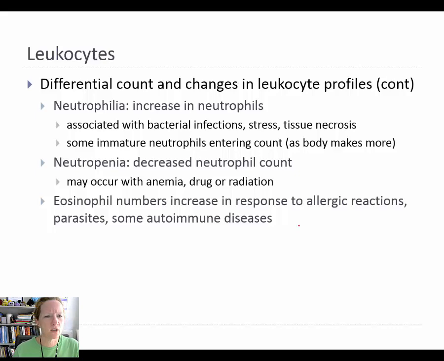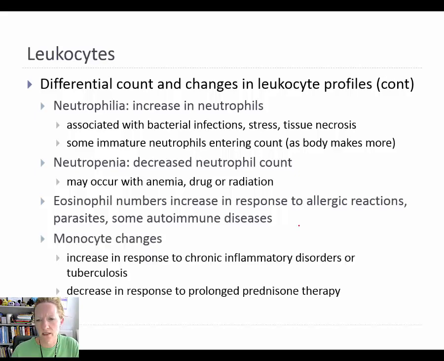What about those monocytes? They can increase if you have chronic inflammation or tuberculosis, and they can decrease because of prednisone therapy, which is really, really interesting. If you think about it, think about what prednisone is. It is a steroid that some people use to help with inflammation.